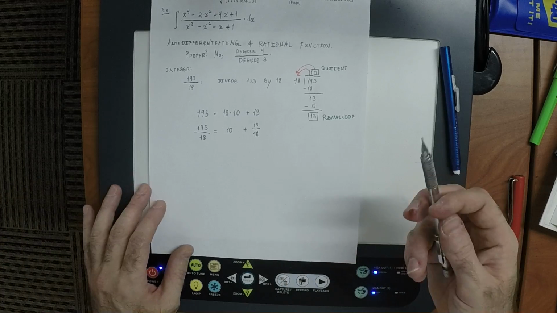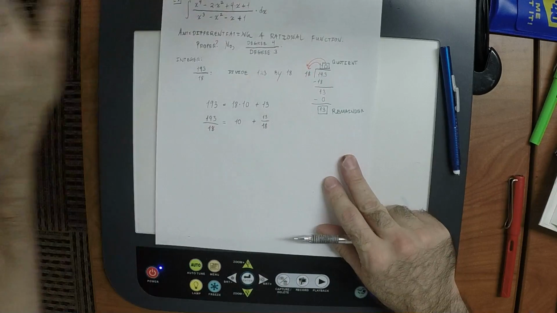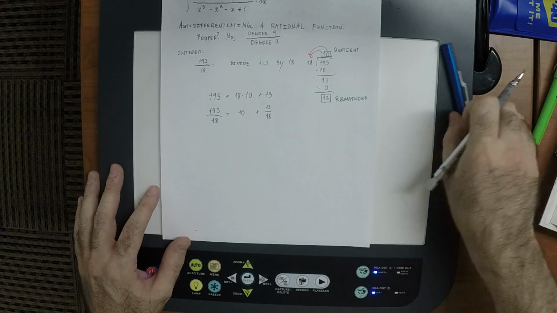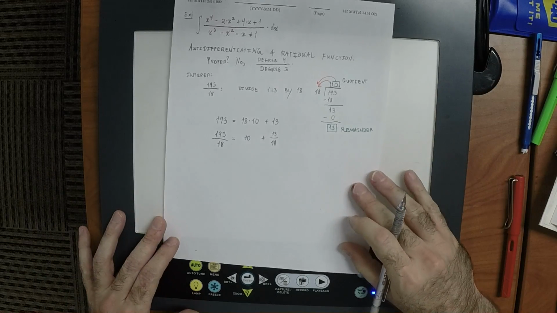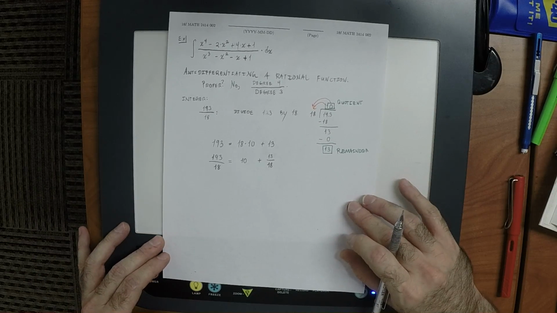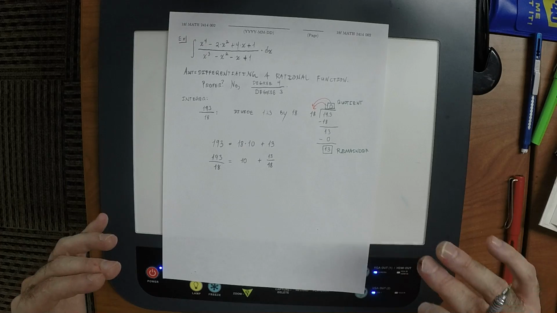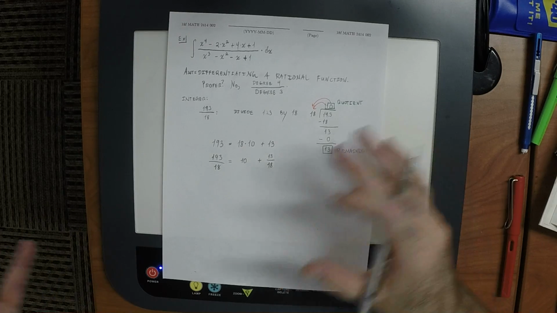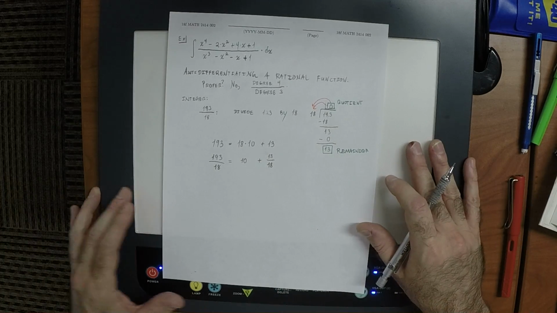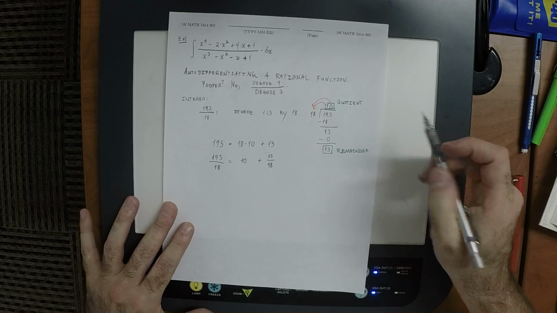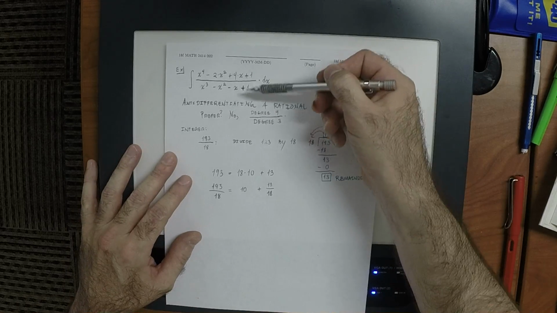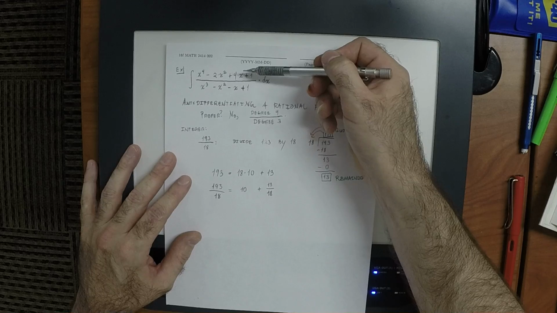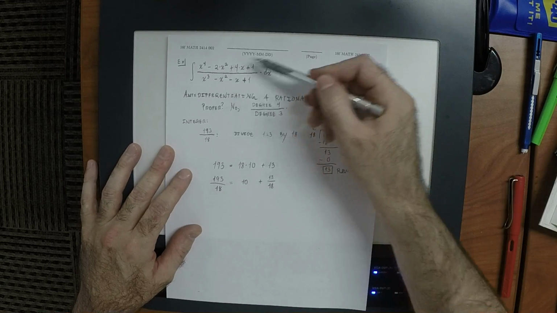So what I'm telling you is that, in math, and I'm now especially talking to math majors, there are extreme and deep similarities between the integers and the polynomials. So what we're going to do now is that we have a ratio, a fraction of polynomials, and it's not proper.